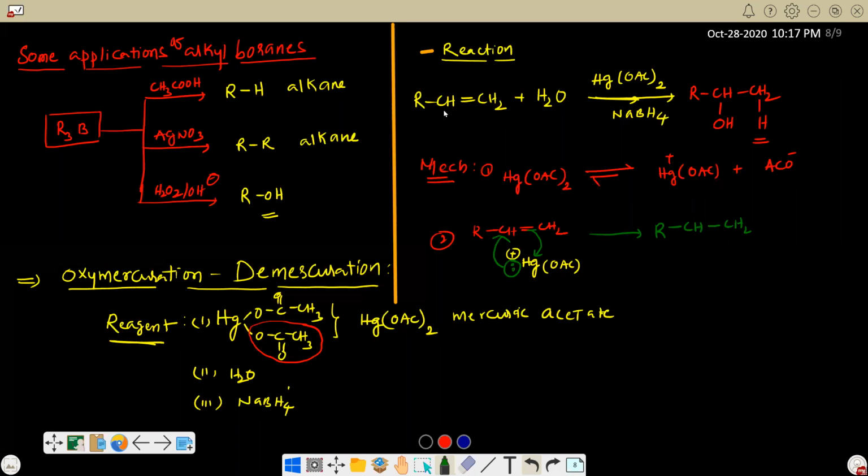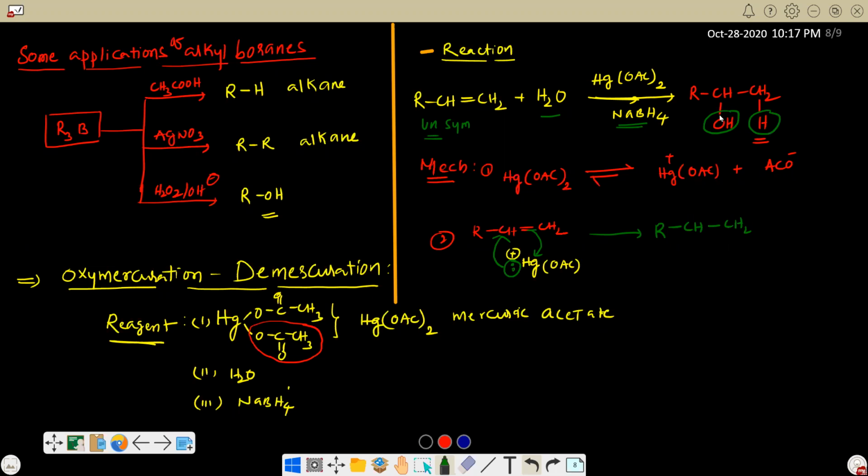First of all, this is a basic reaction. Unsymmetrical alkene I took. So unsymmetrical alkene reacts with water in the presence of mercuric acetate followed by NaBH4. The product is formed, which follows simply Markovnikov rule.